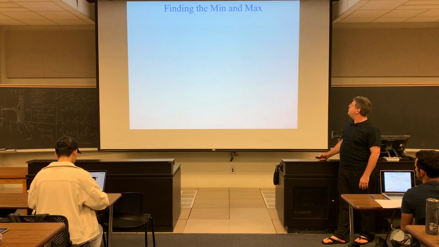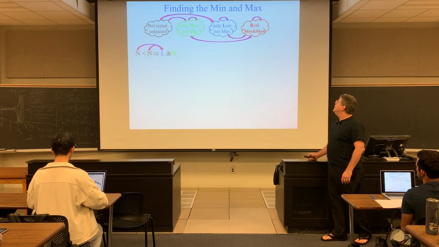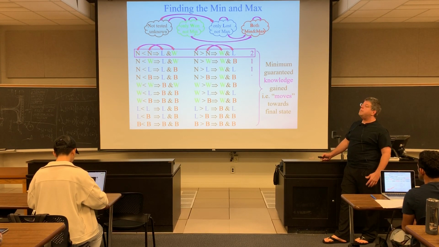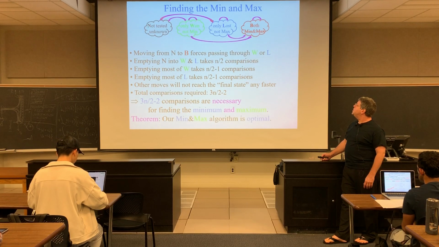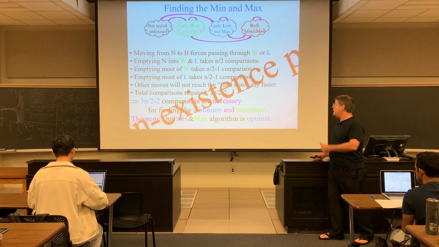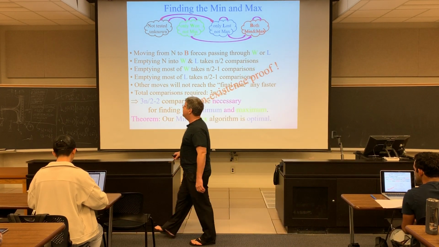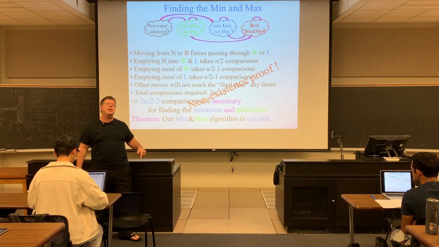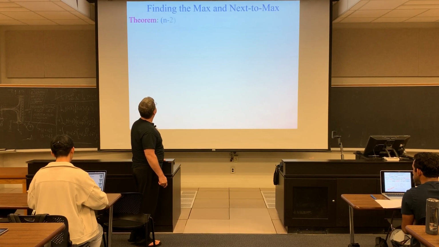It's a lower bound proof, more complicated than the one for finding just the min or the max separately. You track the knowledge, and see how much information is gained at every step of any possible algorithm. Bottom line is that 3/2 n minus 2 comparisons are also necessary, not just sufficient. So that algorithm was optimal in terms of the total number of comparisons, not just asymptotically, but the exact number. That's a good day when you can prove results like that.